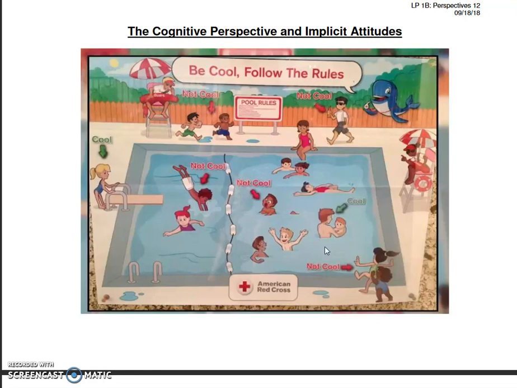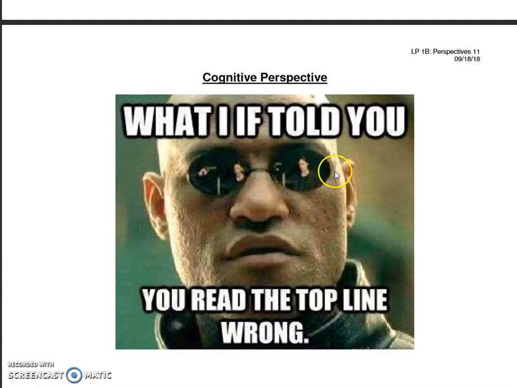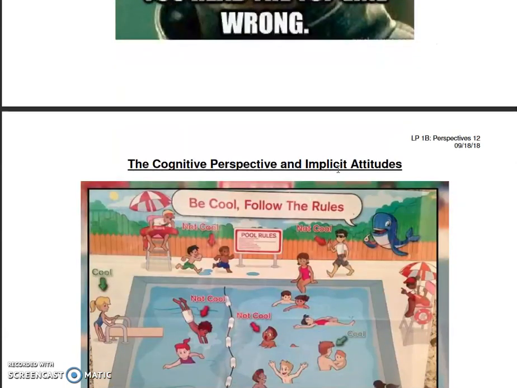And I don't believe that the American Red Cross really wanted to emphasize negative stereotypes about minorities, but whoever created this image, their unconscious beliefs influenced them in ways that they were unaware of. Just like the previous examples up here, your thinking was influenced without your awareness, and that's one of the points of the cognitive perspective.